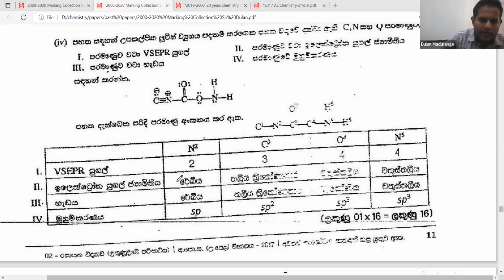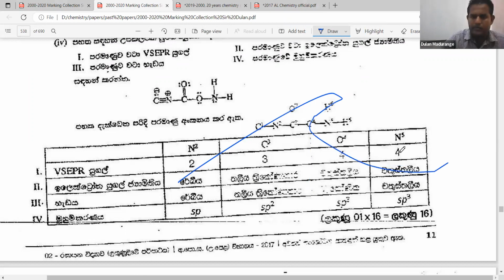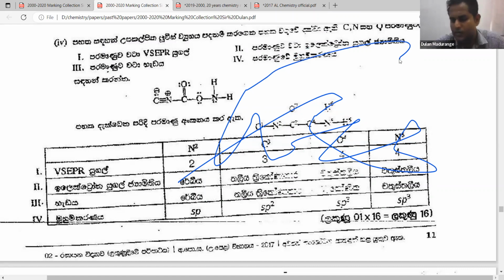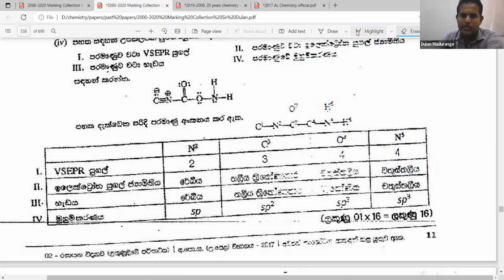So this, there is linear, right? Are there the terms here?